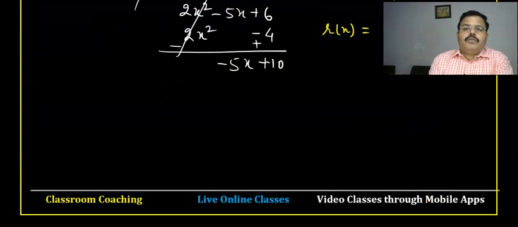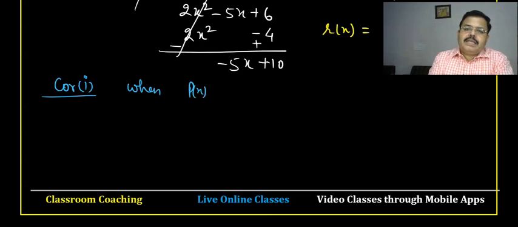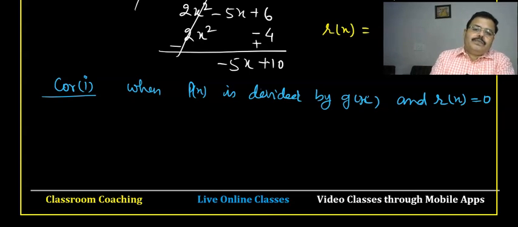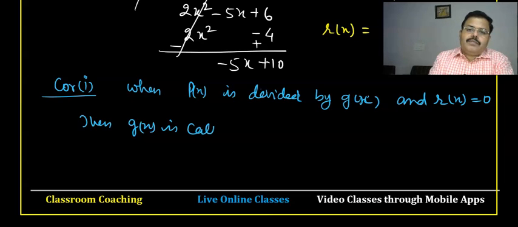Now you should know one corollary. The corollary is one assumption: when px is divided by gx and the remainder function rx is equal to 0, then gx is called a factor of px.